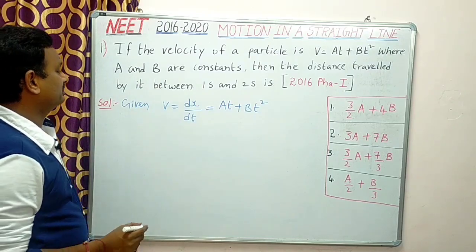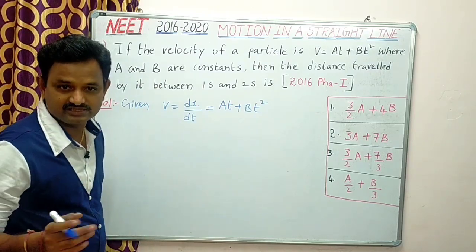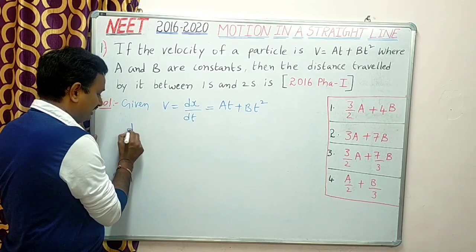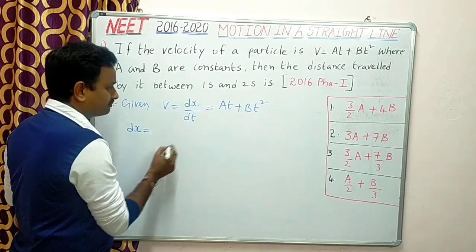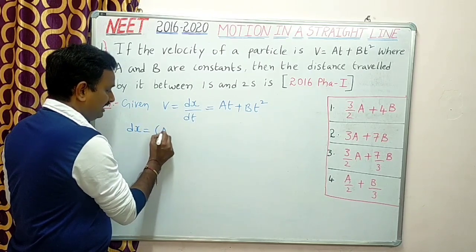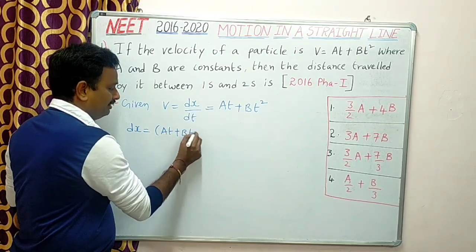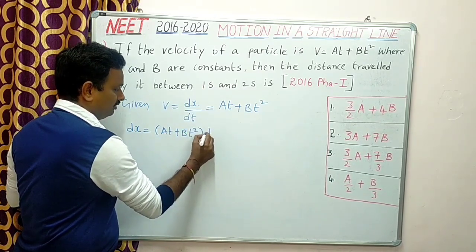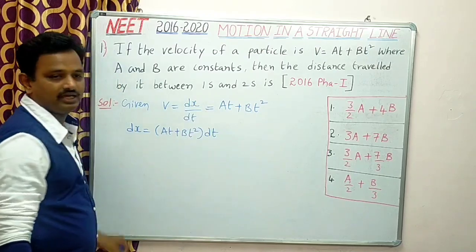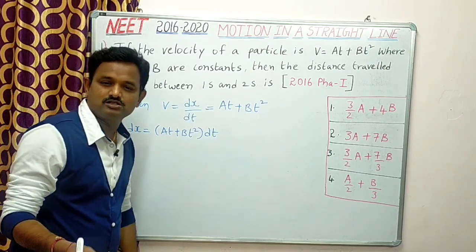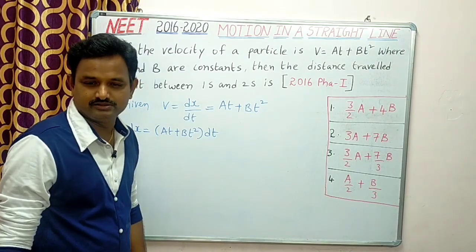Okay, so here we need to calculate distance. So I will write dx is equal to at plus bt square into dt. Okay, so dx means small distance.